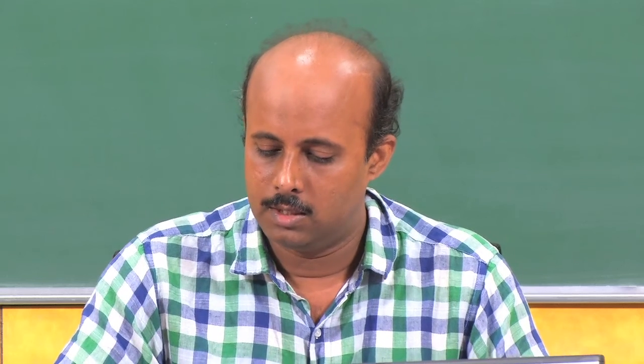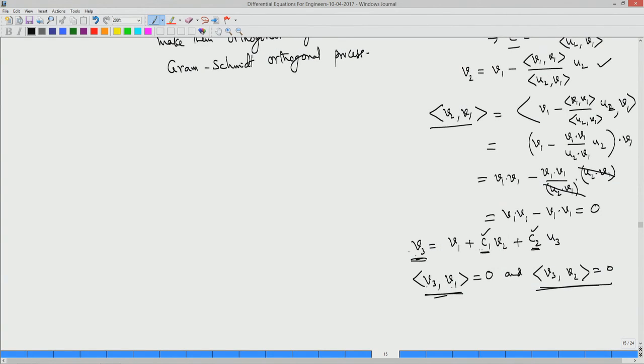Only thing is, you have to find the constants every time. Once you have V1, V2, V3 orthogonal, suppose you have one more vector, U4. V1, V2, V3 are already orthogonal. So, you make a linear combination: U4 plus C1 V1 plus C2 V2 plus C3 V3.